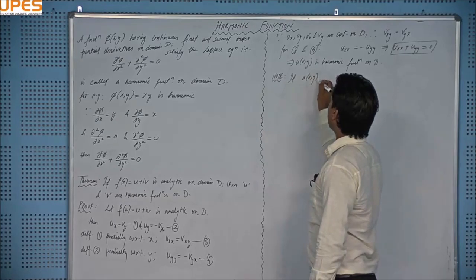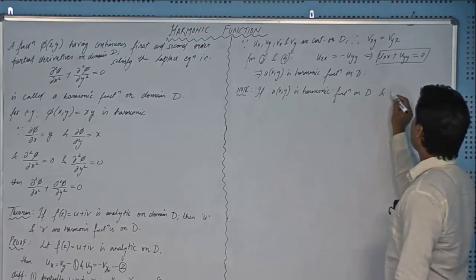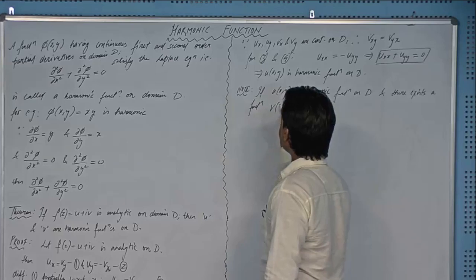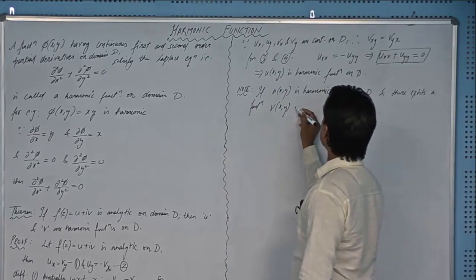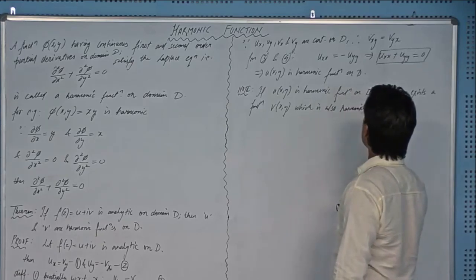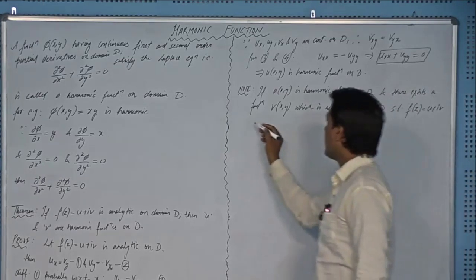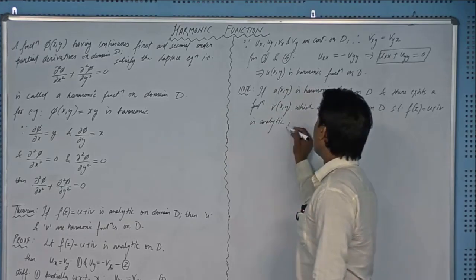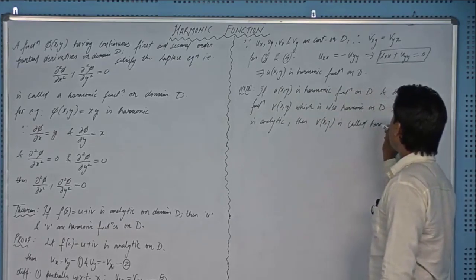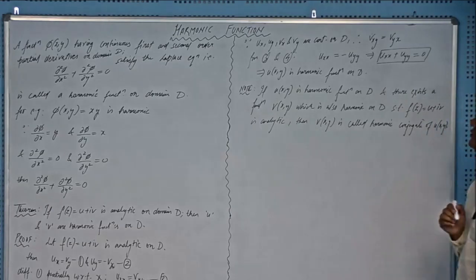And one more thing, note this step. If u(x,y) is a harmonic function on domain D, and there exists a function v(x,y) which is also harmonic on D such that f(z) equals u plus iota v is analytic, then we say that v is called the harmonic conjugate of u, right?